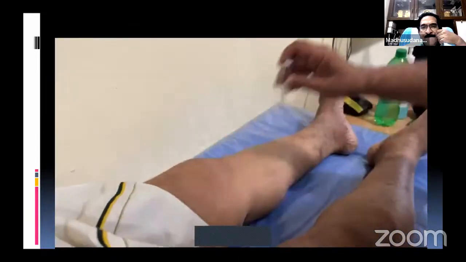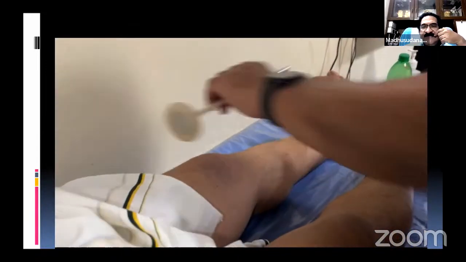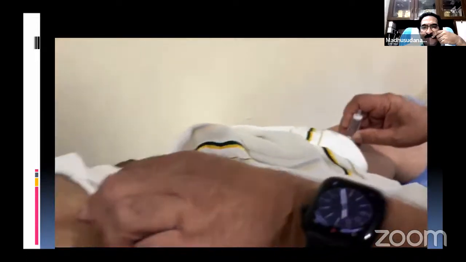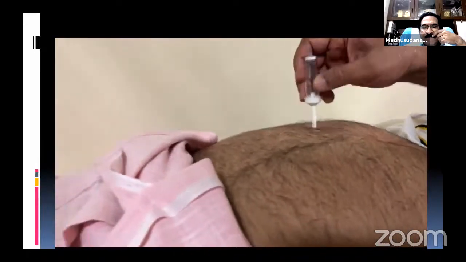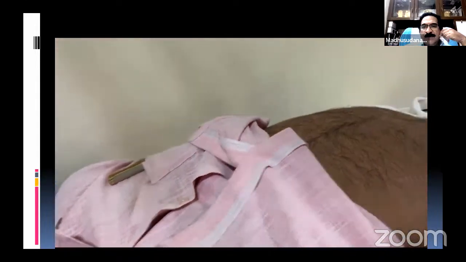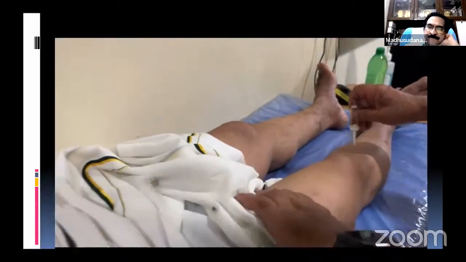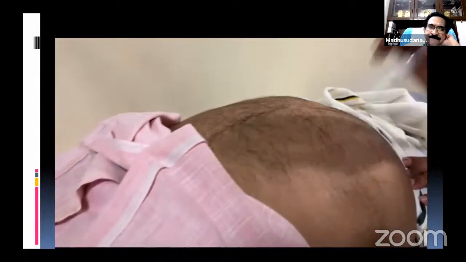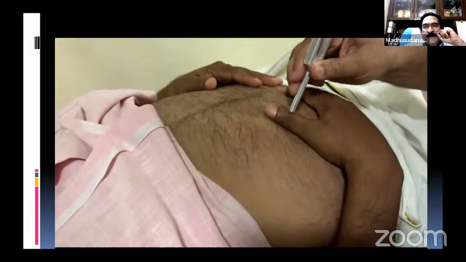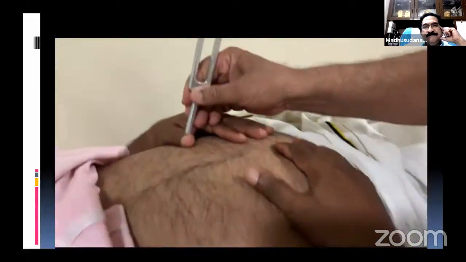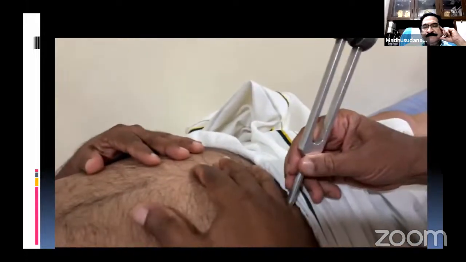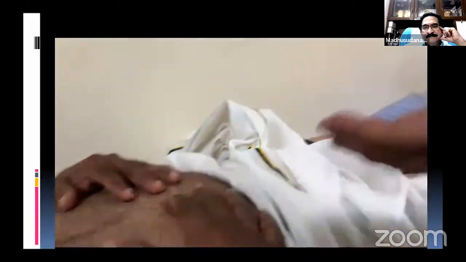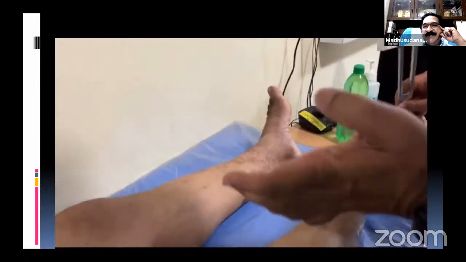There's no sensory level anywhere. These are almost normal. Vibration normal. Able to feel vibration all throughout.